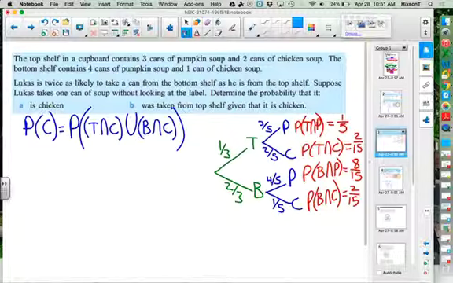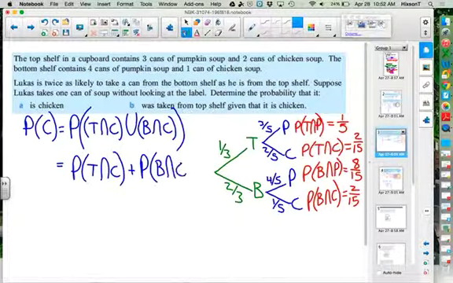Those two events are mutually exclusive, because you can't pick the top and the bottom shelf. You've got to pick one or the other. So we can separate that. If it's mutually exclusive, we don't have to worry about any intersection. We're just getting the probability of the top and chicken plus the probability of the bottom and chicken.